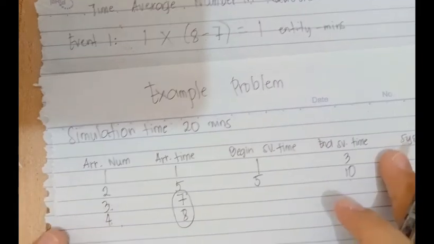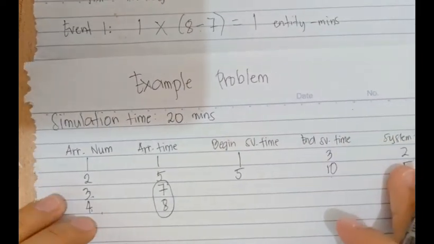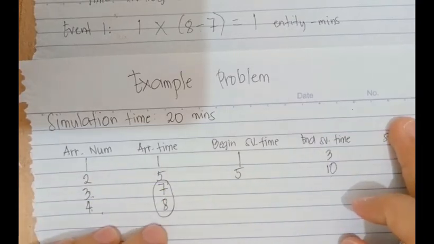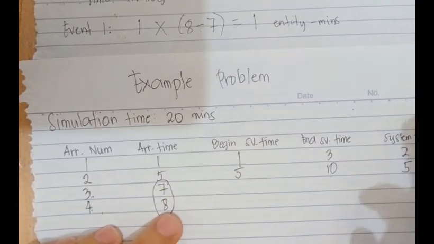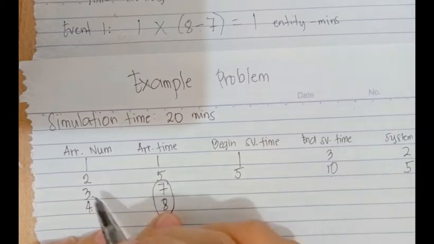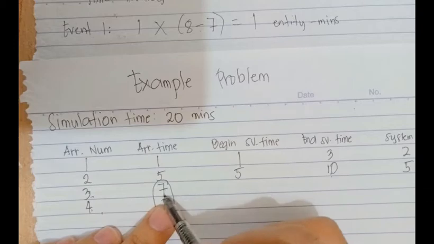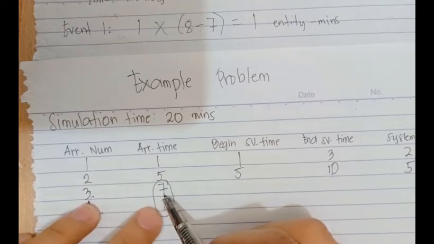Now, the next relevant event that changes the state of our system is of course the end service of entity 2, because entity 3 will then start service.